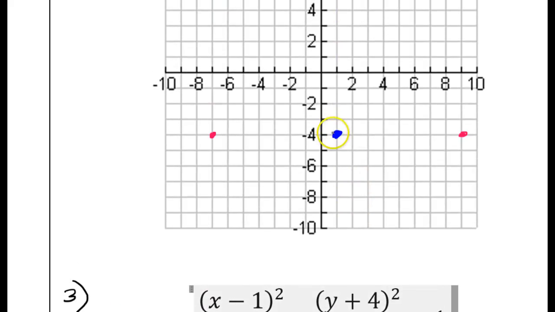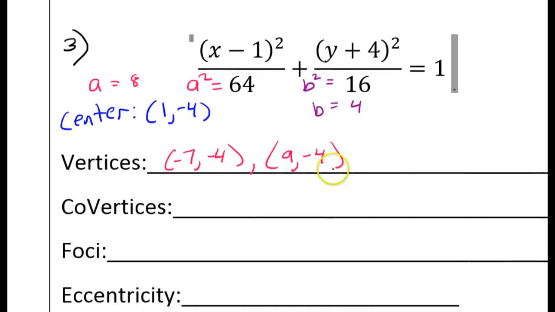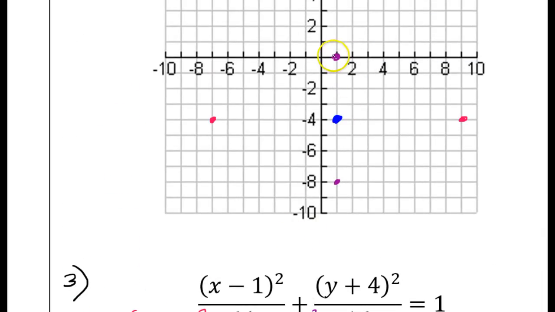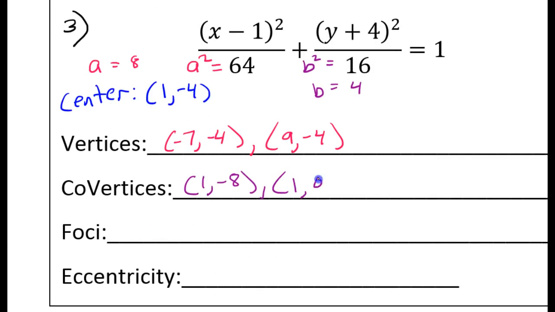So if I come back to the center, if I go up 4 and down 4, these are my co-vertices. So that's 1, -8, and 1, 0. So those are my co-vertices.